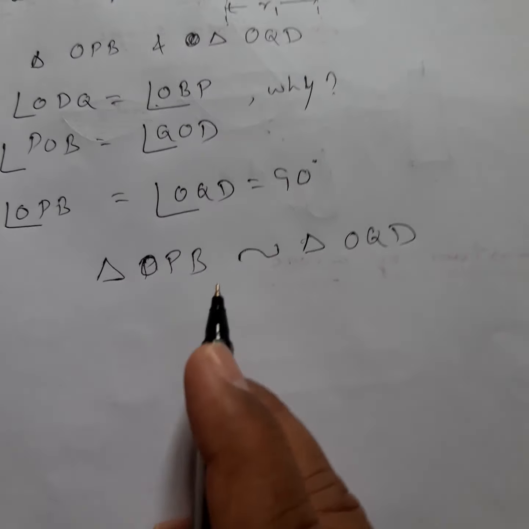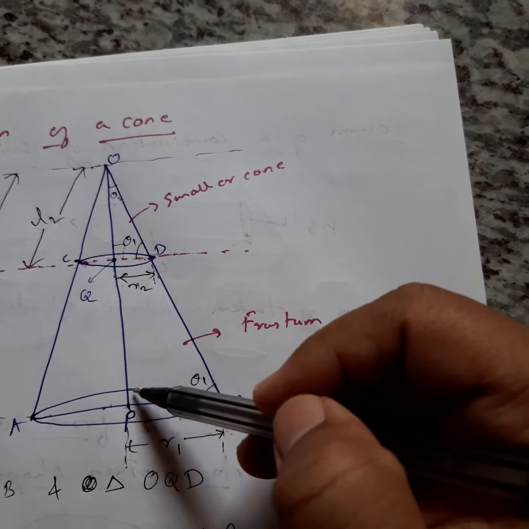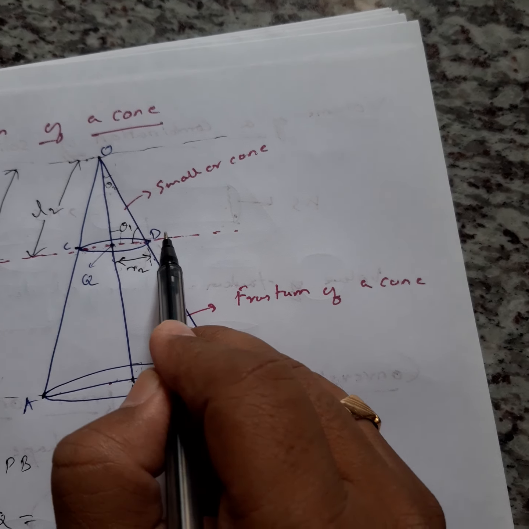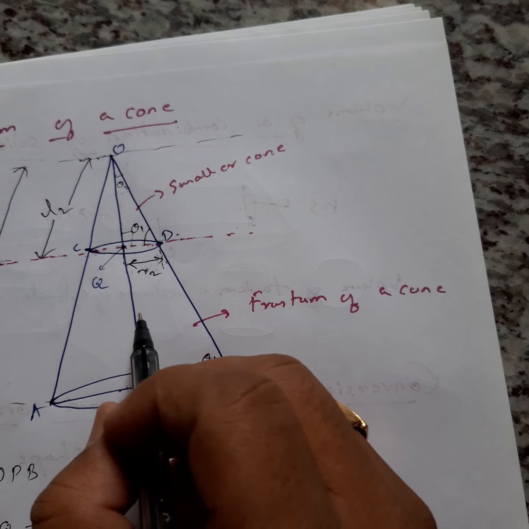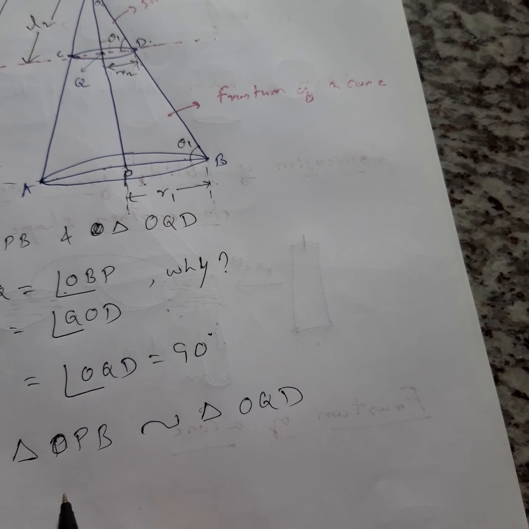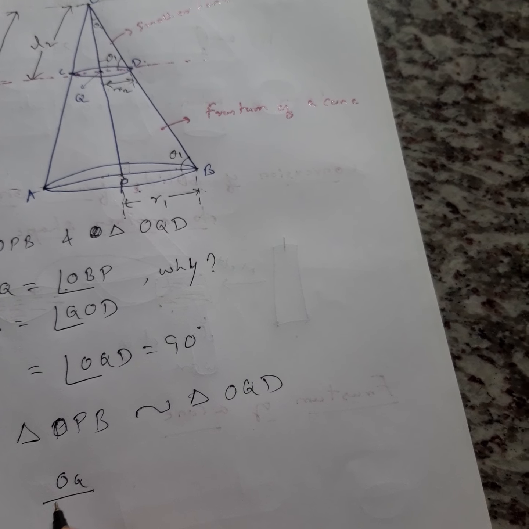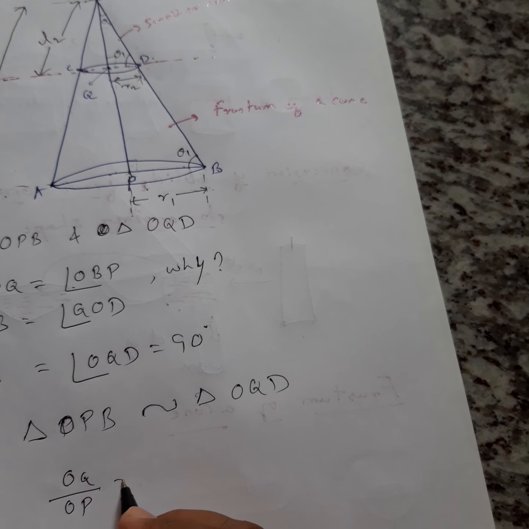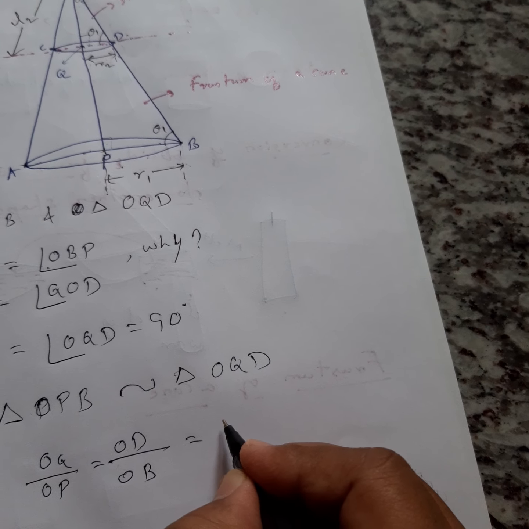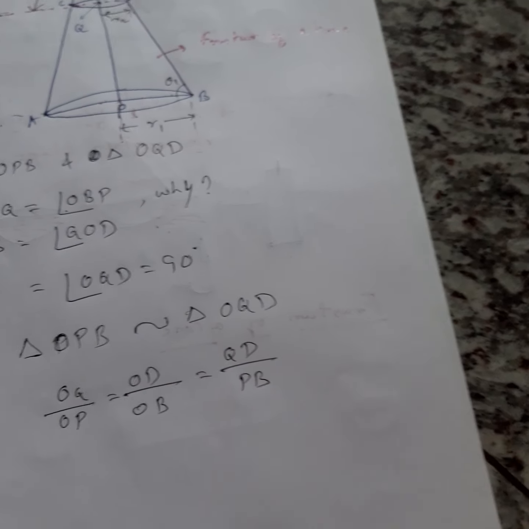That means the sides of these two triangles, OPB and OQD, are in the same ratio. That means OQ divided by OP is equal to OD divided by OB, which is equal to QD divided by PB.